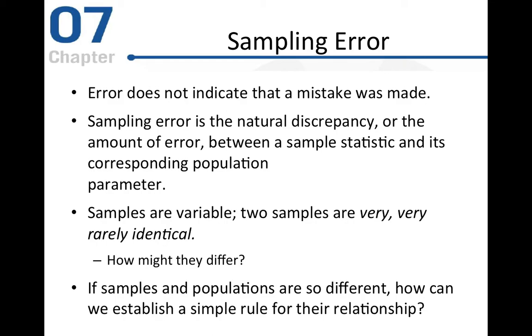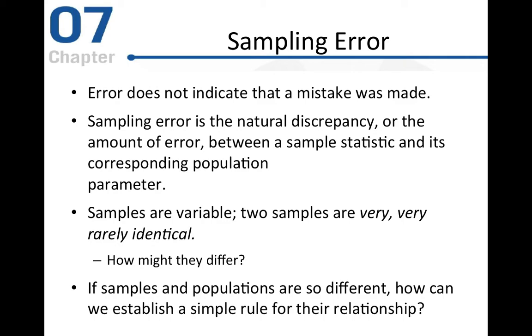And so in instances when we are focusing on distributions of means, which is what this chapter focuses on, distribution of means, not distribution of individual scores, we call that sampling error. So that is the natural discrepancy between a sample statistic, such as a mean, and its corresponding population parameter.